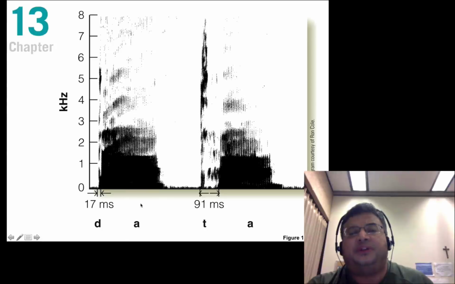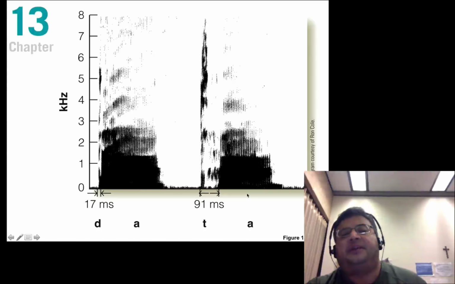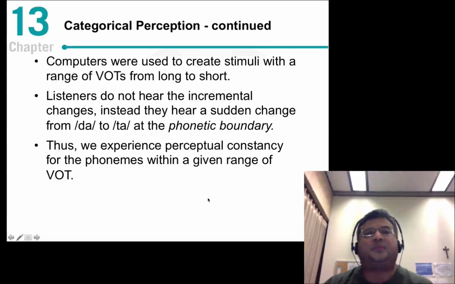This is the voice onset time, and this is how we tell the difference between da and ta. Our brains perceive da and ta differently because of this distinction in onset time. Da has a much shorter onset time than ta does.